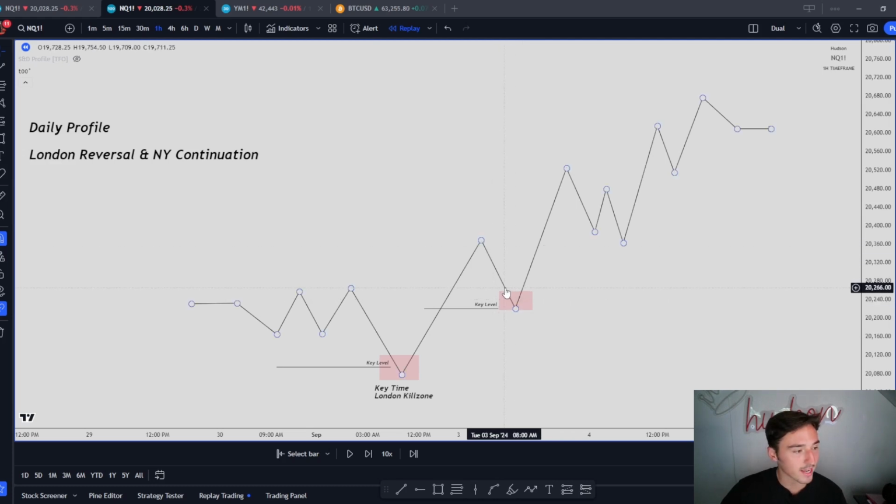Then New York 8:30 or 9:30 will come down, tap into a key level that London has made, and then continue higher, right? It will be 8:30 or 9:30.